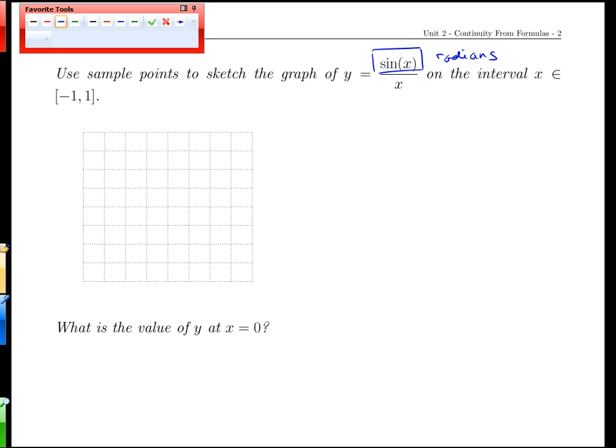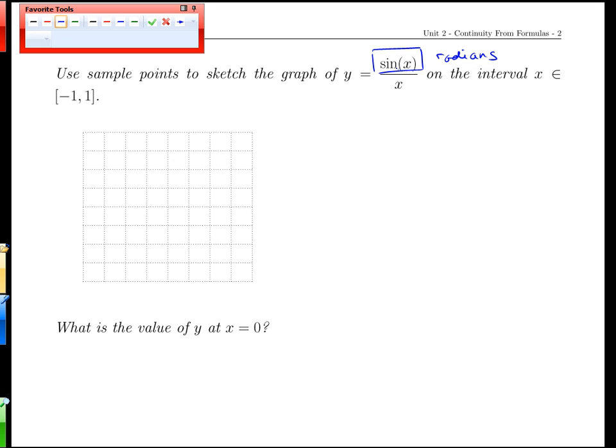In any calculus class, we always use radians as our measure for the angles in sine, cosine, and all the trig functions. The reason is all the derivative rules that we're going to see later require, insist, demand that radians be the units, not degrees. So make sure your calculator's in radians. If you don't know how to change it, talk to a friend or talk to a TA or your instructor.